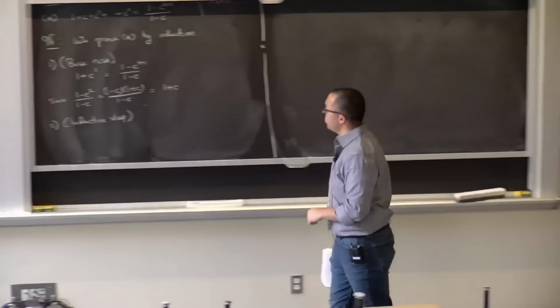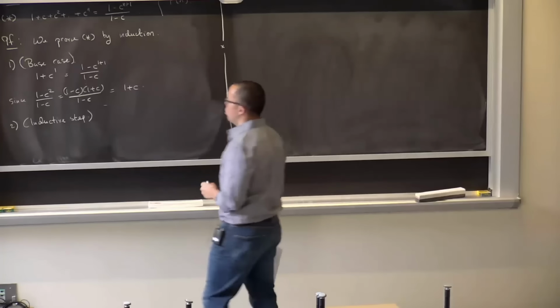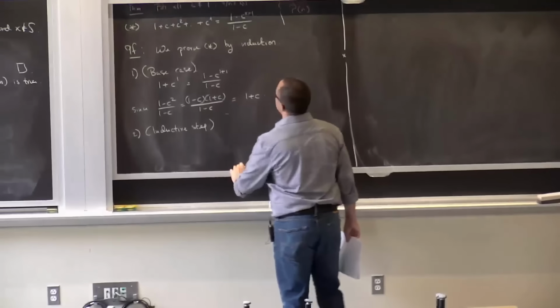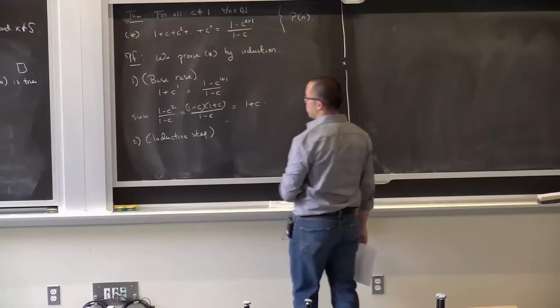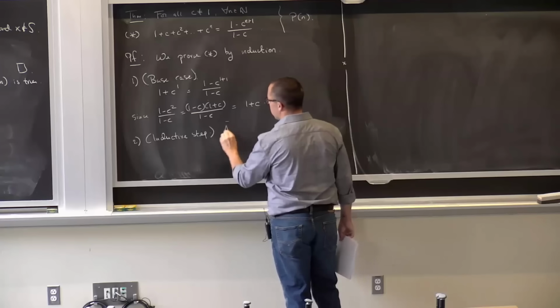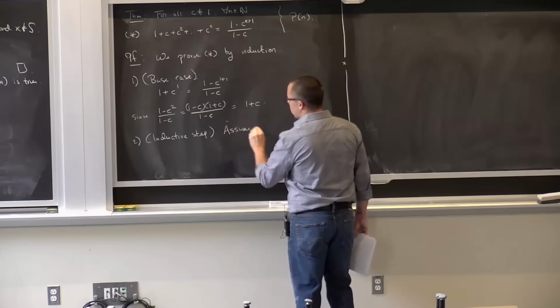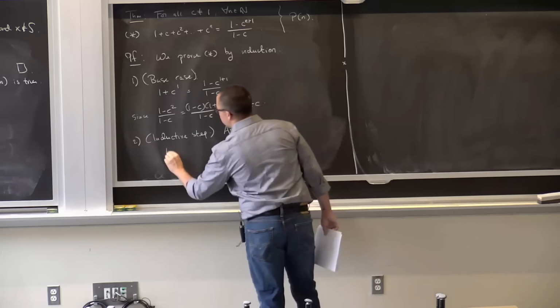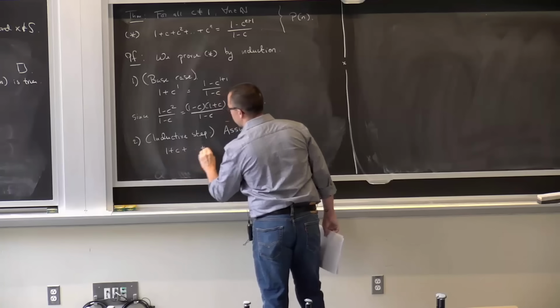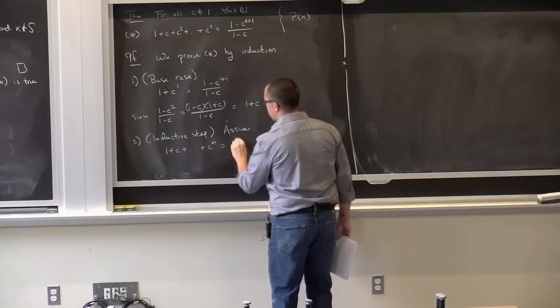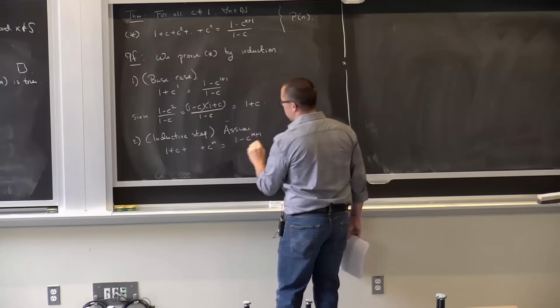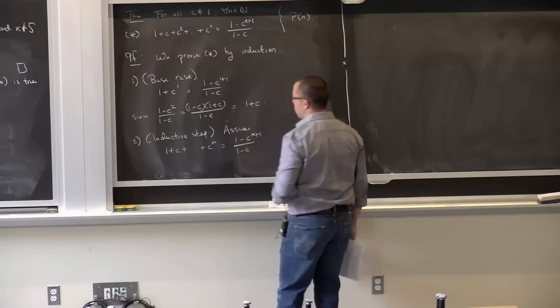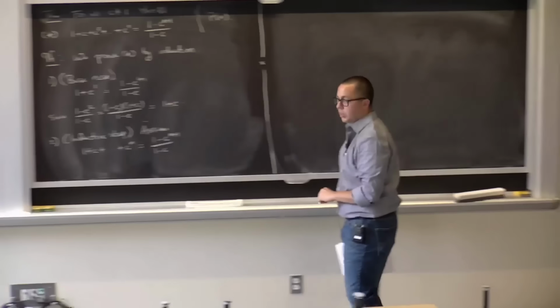Okay? So we're going to assume that star holds for n equals m. So we're going to assume P of m. So assume that 1 plus c plus up to c to the m equals 1 minus c to the m plus 1 over 1 minus c. Okay?